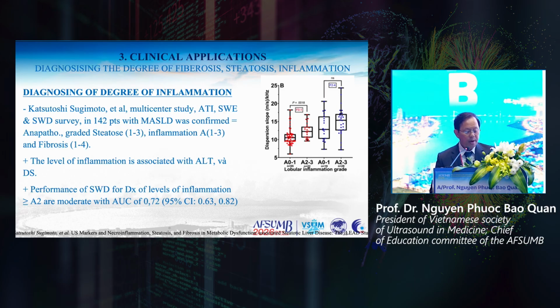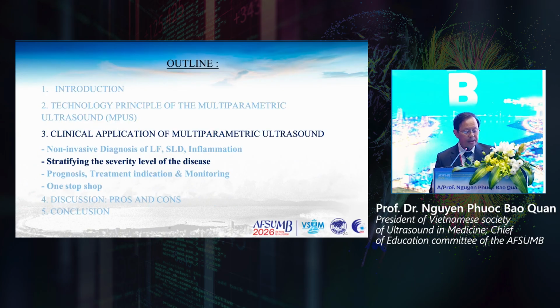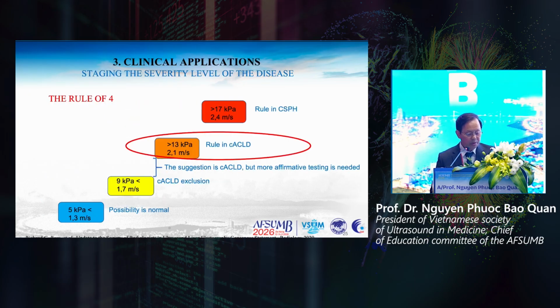Now we move to the application of stratifying the severity level of the disease according to the rule of 4, according to the guideline of the Society of Radiologists in Ultrasound.